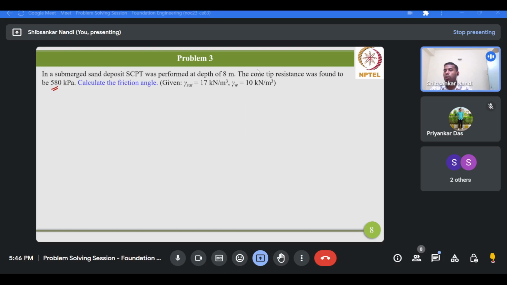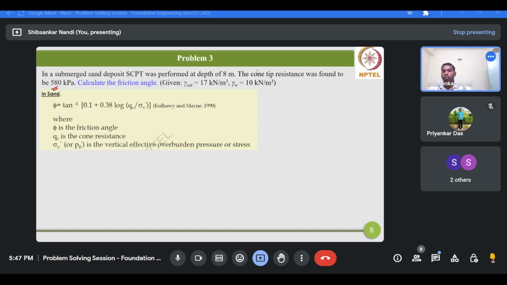So this is an example of how we can correlate the cone tip resistance, which we get from conducting the SCPT test, with the friction angle of the sand deposit. How can we correlate? Can you please remember any equation, any table, anything like that? Again, this is taken from the weekly lecture material.